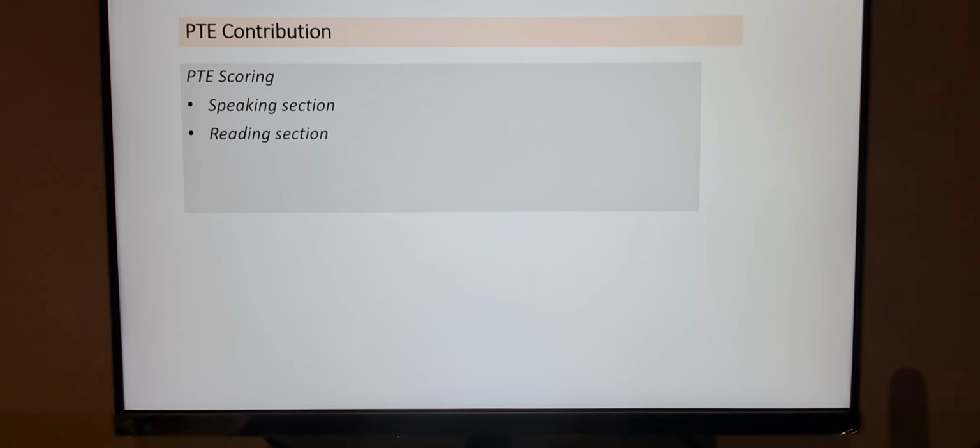So guys, if you are not getting a good score in reading, then definitely you are making a mistake in read aloud. Now read aloud is a major section in PTE, right? You should take this section very seriously, and you should avoid making any mistake in this module.